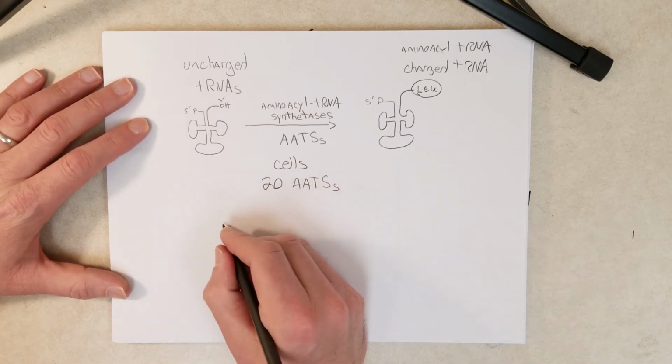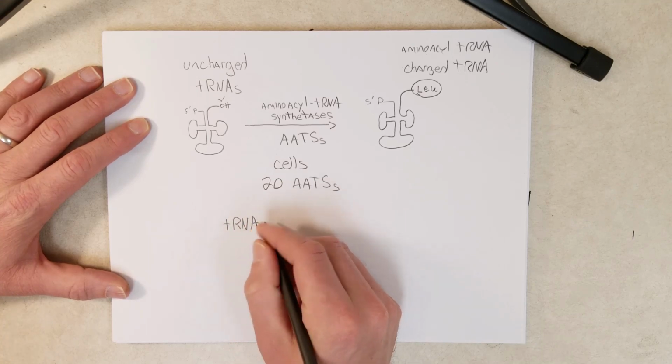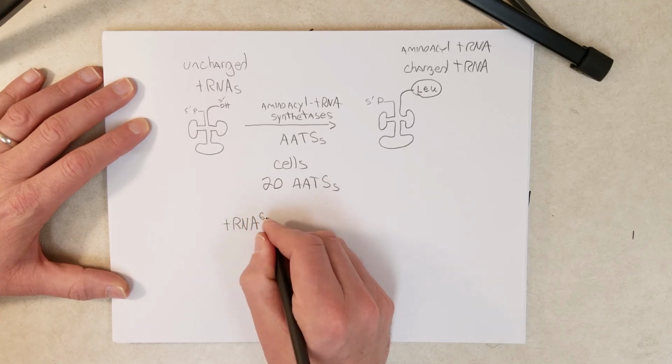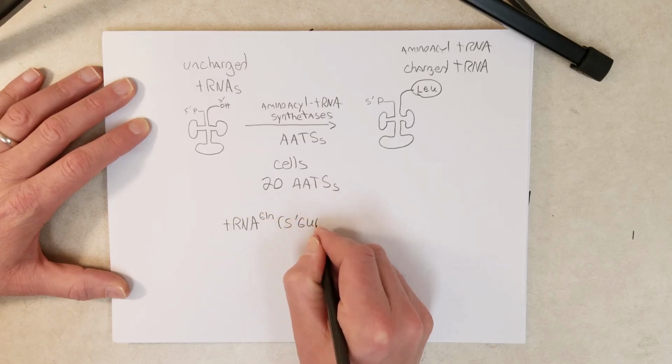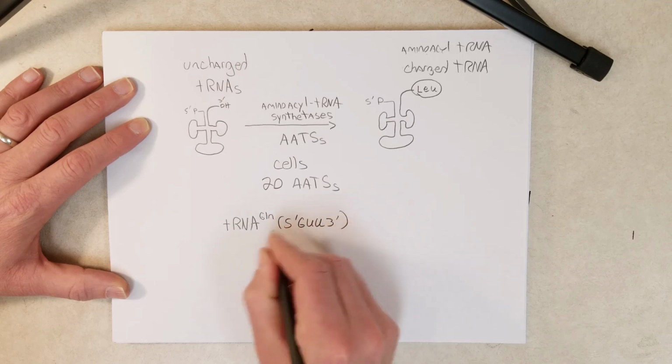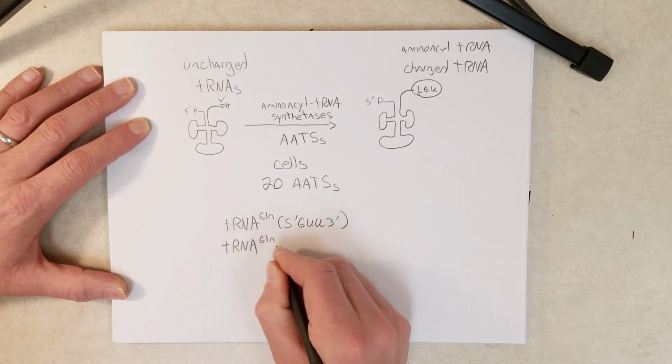So what does that mean? So let's go back to our example isoacceptor tRNAs. There's one, and here's the other isoacceptor tRNA for glutamine.